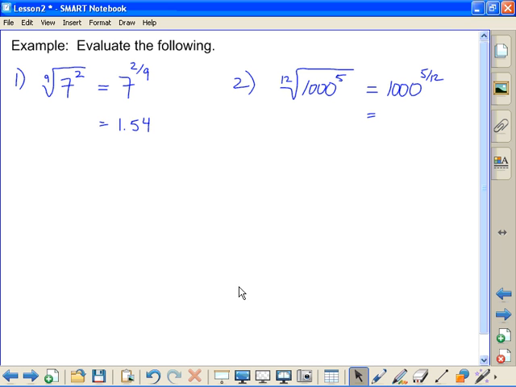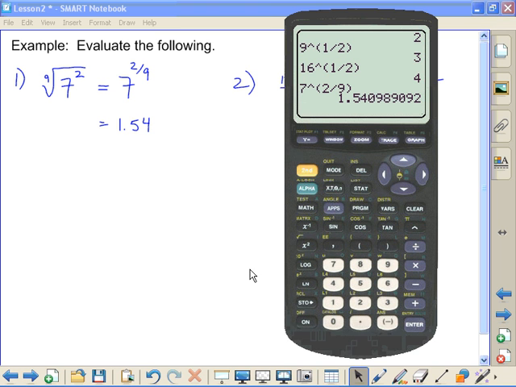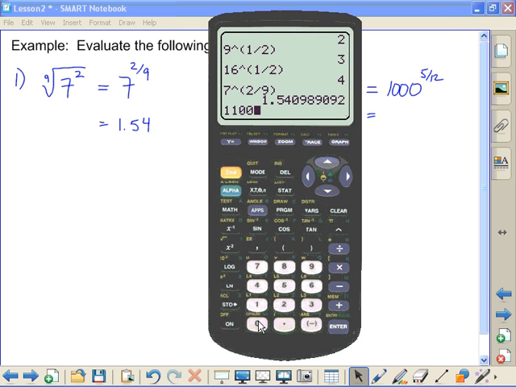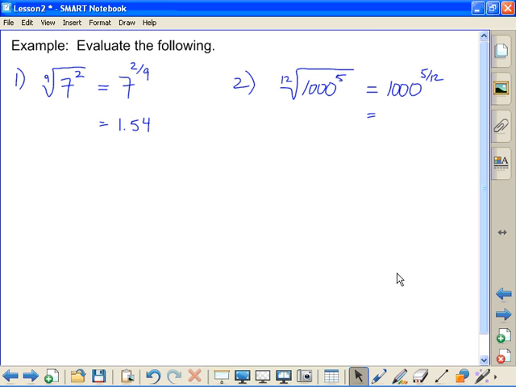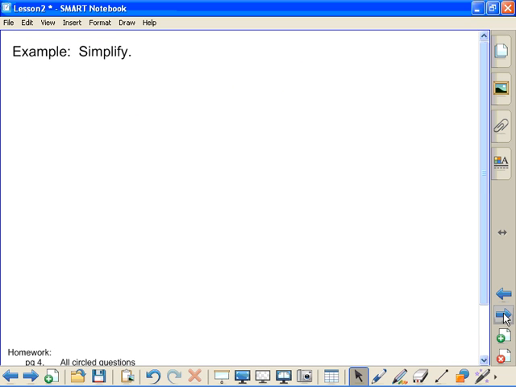And when we check the calculator, 1,000 to the exponent 5 divided by 12 equals 17.78. So make sure you can get these answers with your calculator. Very, very important, because there will be some questions that want us to evaluate using those radicals or rational exponents.